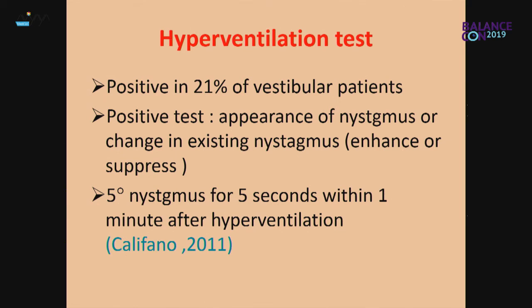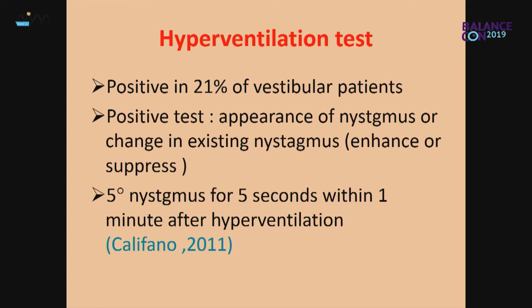Sometimes we accept the nystagmus to be of less than 5 degrees, especially if the patient is symptomatic. Most of the literature puts a minimal slow phase velocity for nystagmus to be clinically significant. But honestly, in some clinical cases, we consider nystagmus of 3 degrees or 4 degrees to be clinically significant, especially if the patient is symptomatic.